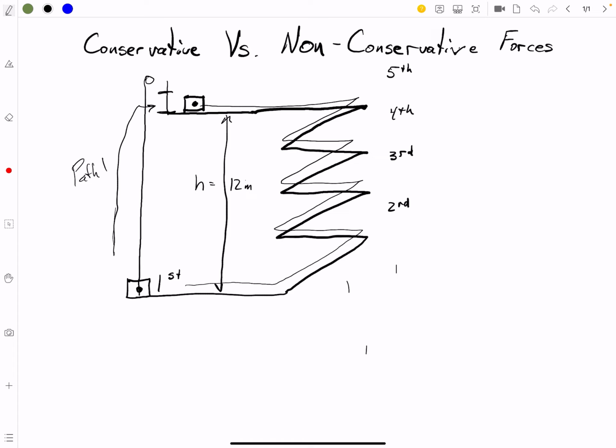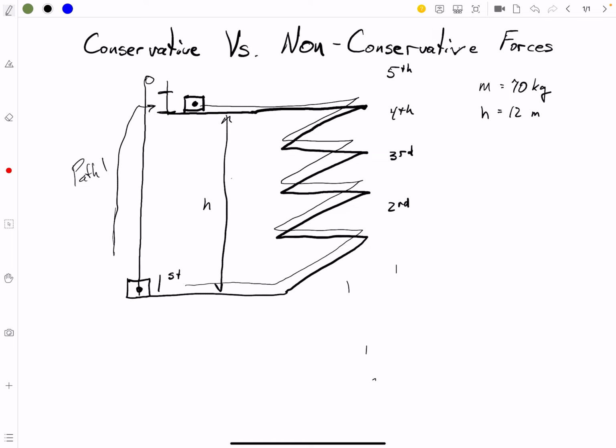Now, let's say that the mass of the couch is 70 kilograms, heavy couch. We know that H is 12 meters. I'm writing it to the side, so I'm going to erase that and just put H here.